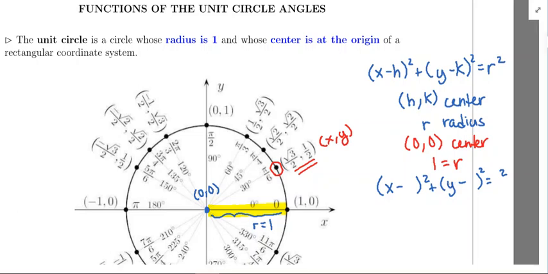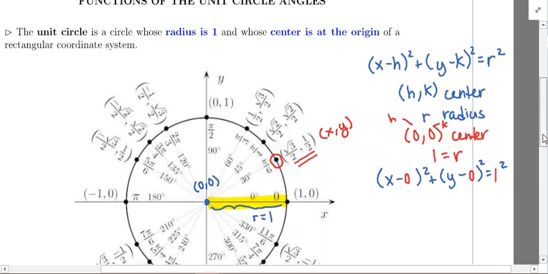h is the x coordinate of the center, so 0 is the h, and k is the y coordinate of the center, so k is also 0. This turns into (x − 0)² + (y − 0)² = r², and r is 1 here.